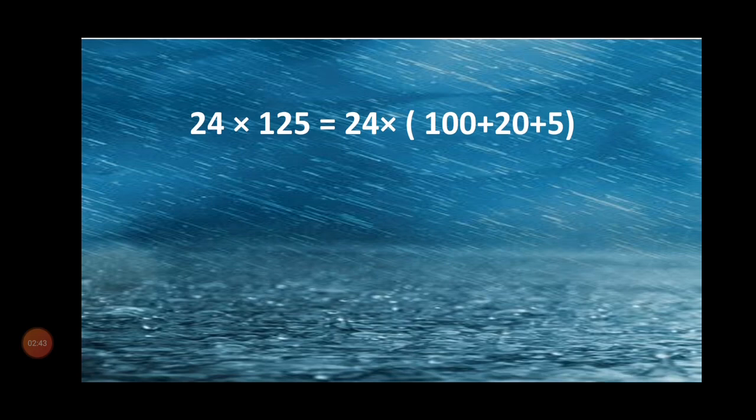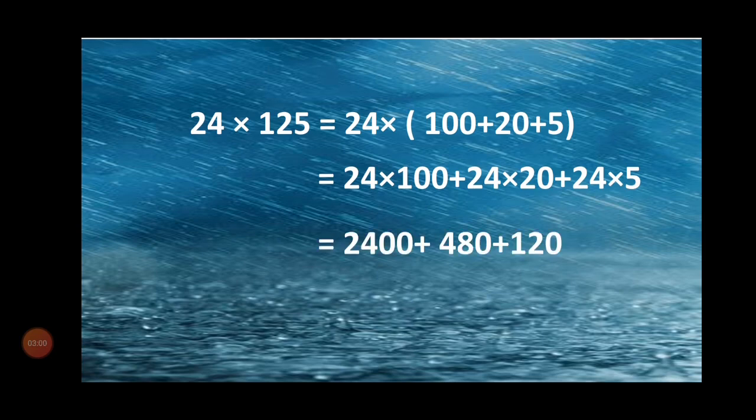So it is equal to 24 into 100. Then what sign is there after 100? Plus sign. You write the plus sign. Again 24 into 20 plus 24 into 5. Now you tell me, 24 into 100 how much? 2400. Then 24 into 2, how much? 48. Then how many zeros does it have?